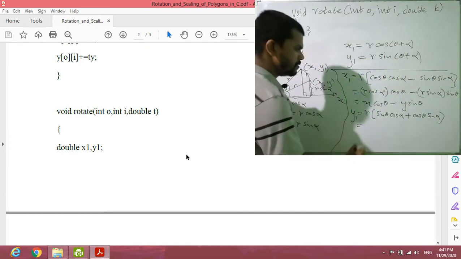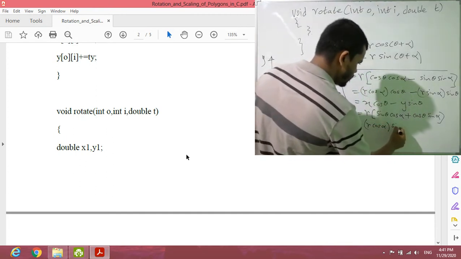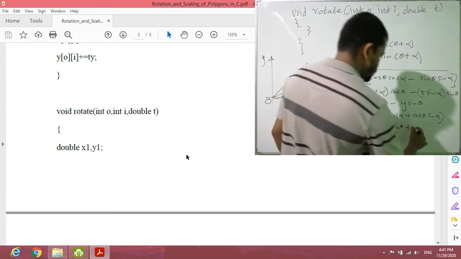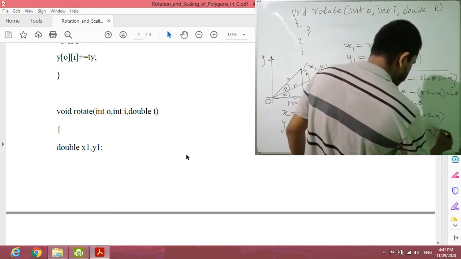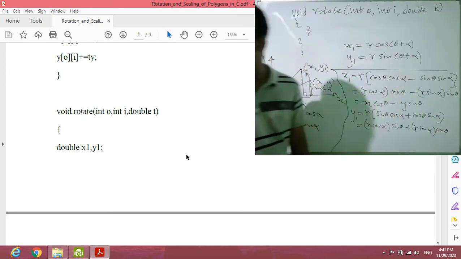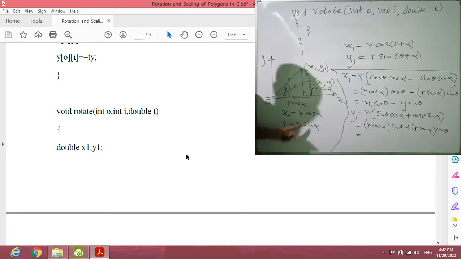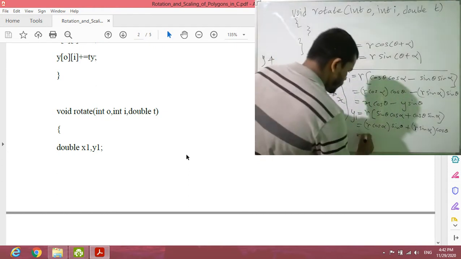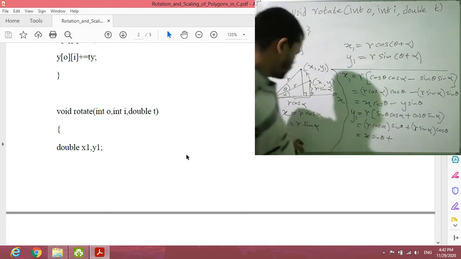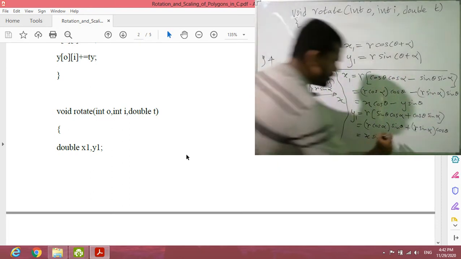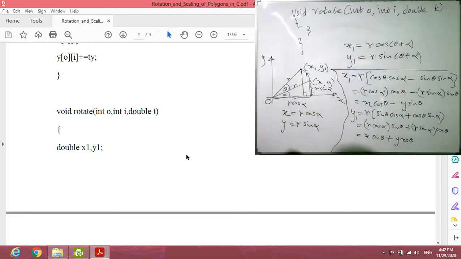Now here r cos alpha sin theta plus r sin alpha cos theta, okay. So here r cos alpha means x, x sin theta plus r sin alpha means y, y cos theta, okay.